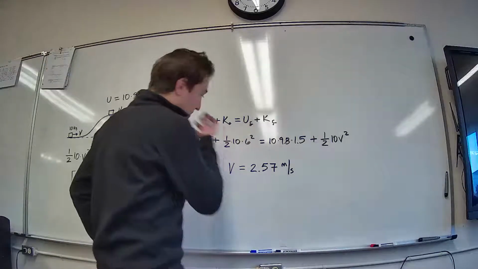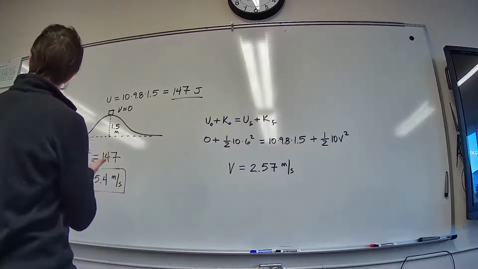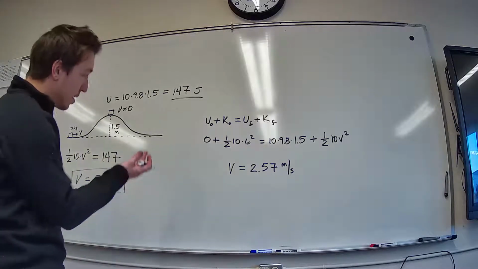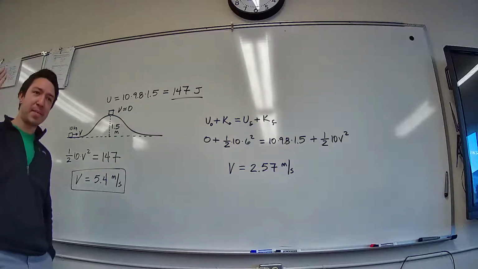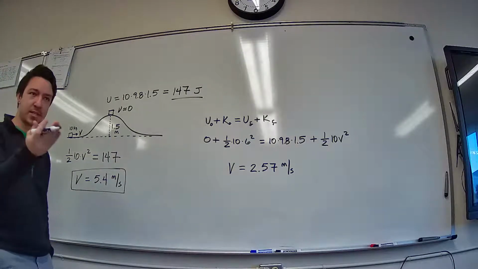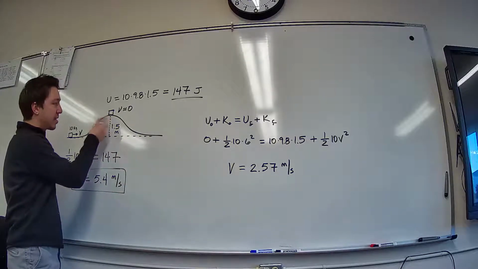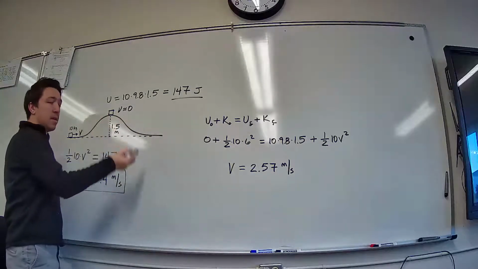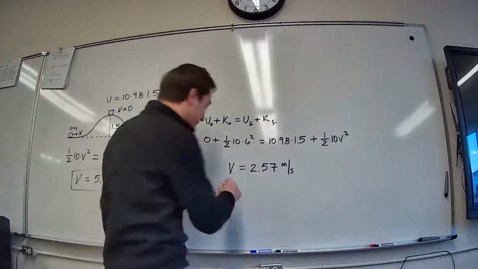Okay. So the question asks, how much normal force is there? You've got to go into your memory and say, I know how to do this. We've done this problem where if you know how fast the thing is traveling at the top of the circular path, you can calculate the force.